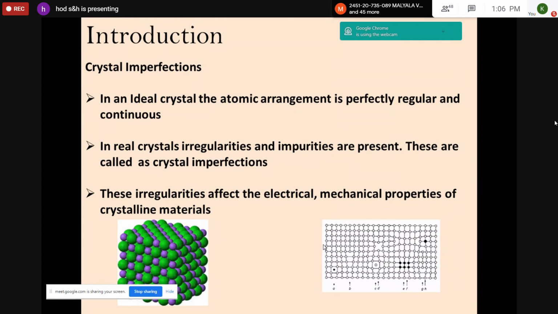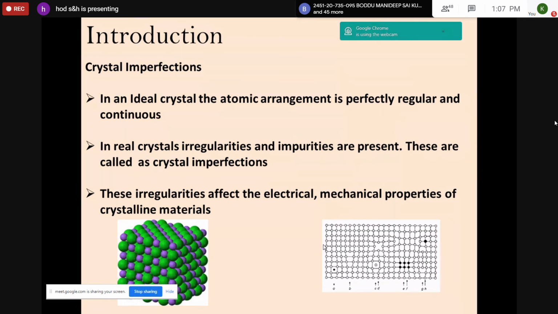If the distortion is very minute, they are called zero-dimensional defects, or point defects. If the defects occur along a line, along one direction, they are called one-dimensional defects or line defects. If it extends to two dimensions, they are called surface defects.